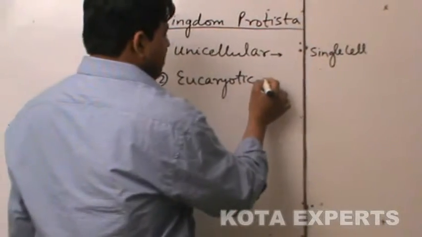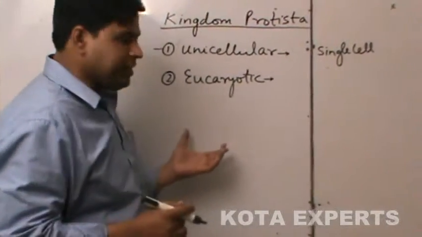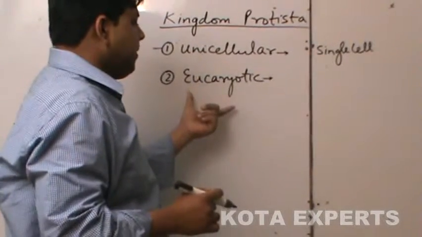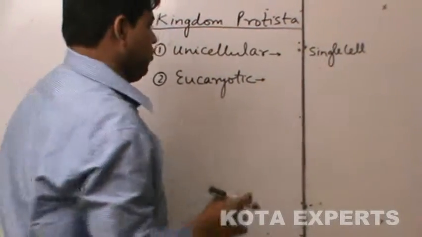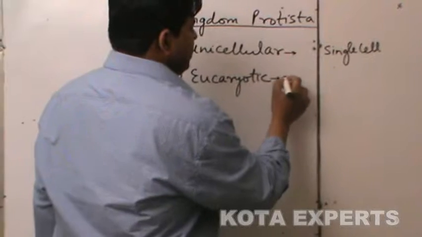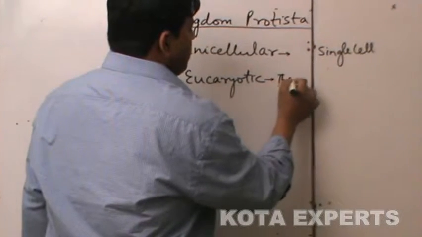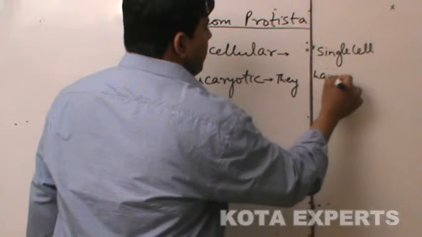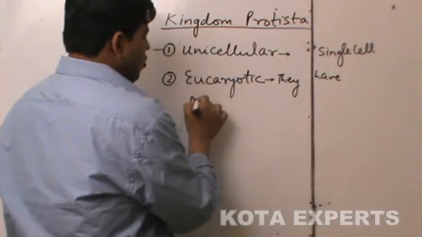But these are different from monomerous, from unicellular, by being eukaryotic. Eukaryotic means that they have membrane bound organelles.